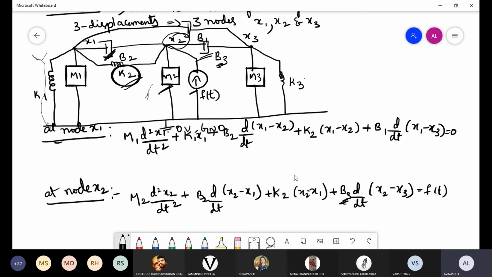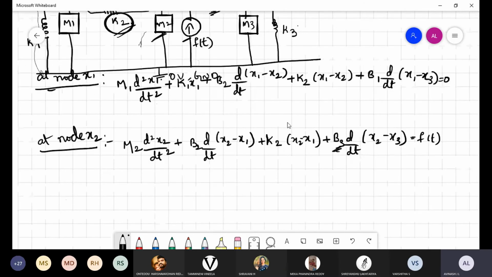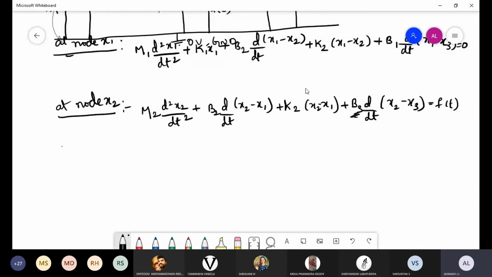Similarly for node x3, what is the equation we will get at node x3?